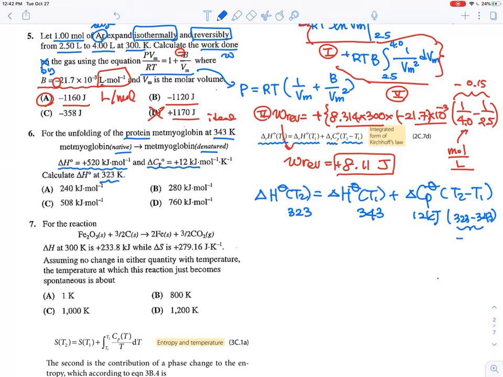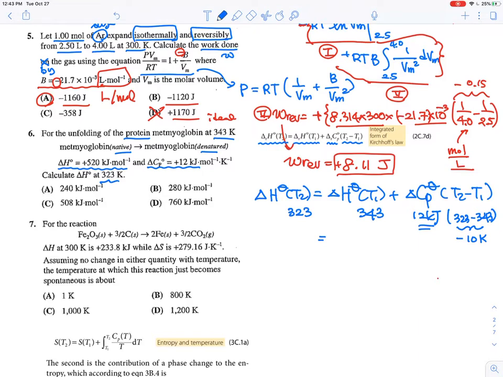So I guess that's a minus 10 Kelvin. And using this, you will get this number. What used to be delta H is 520, and this number should be smaller than 520. Okay, so what's this number now?